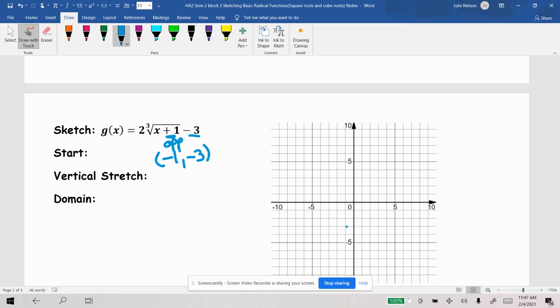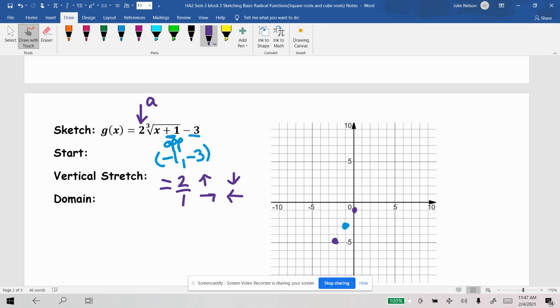So left 1, down 3. Our vertical stretch is 2. So this is 2 over 1. So that means you're going to go up 2, right 1 and down 2, left 1.